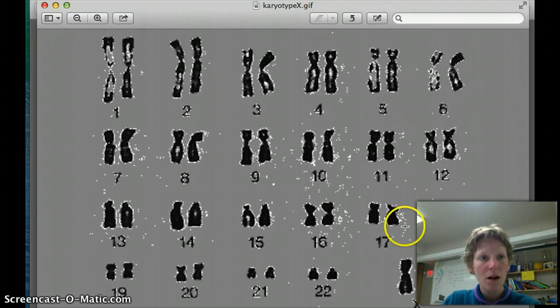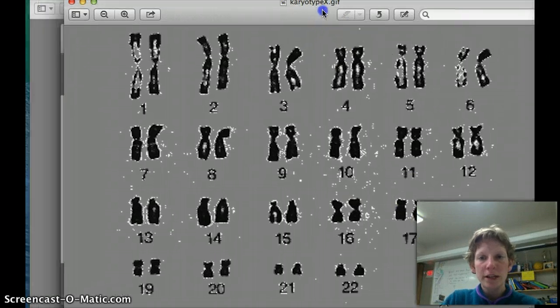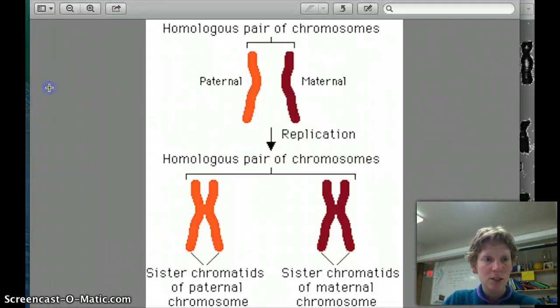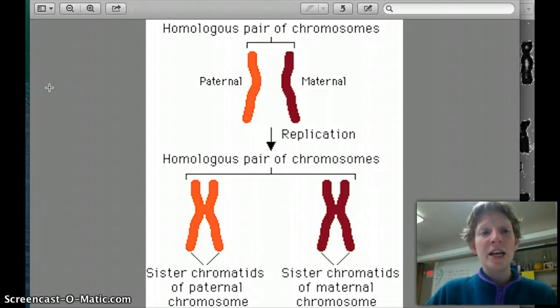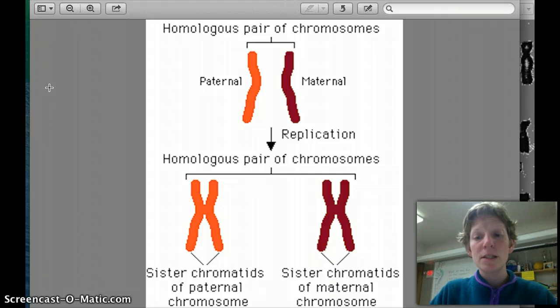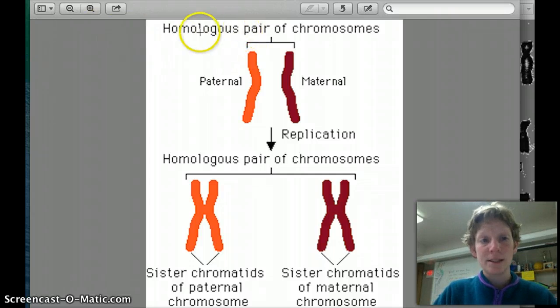All right, so now that you know that, let's go to our next picture here, and the term that I want you to know from this picture is homologous. Homologous means that one part is from dad, paternal, and one part is from mom, maternal.